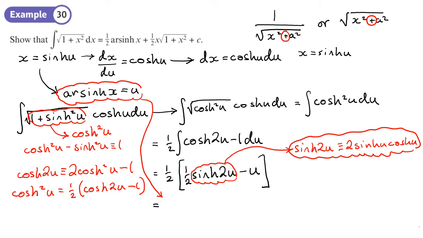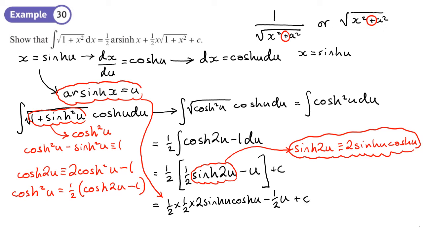And we've got halves all over the place. Right, let's do this. Half times by half, I know I'm going to have 2 sinh u cosh u plus a half u plus c, and I suppose I should have had the plus c there.